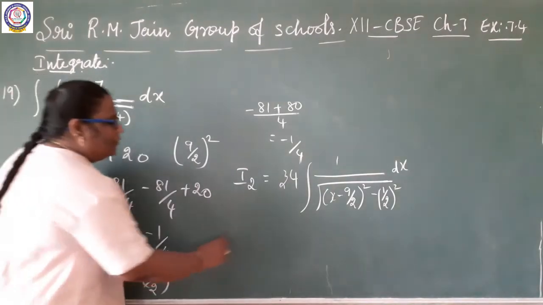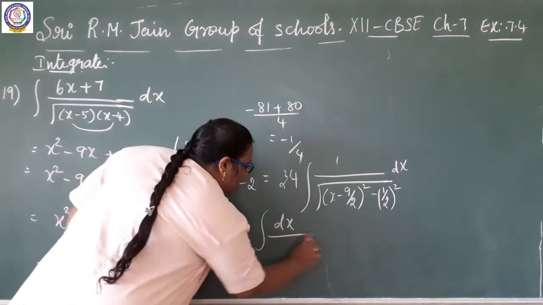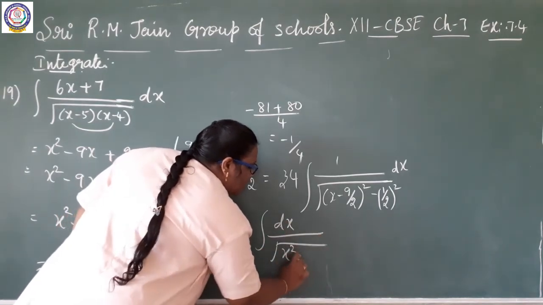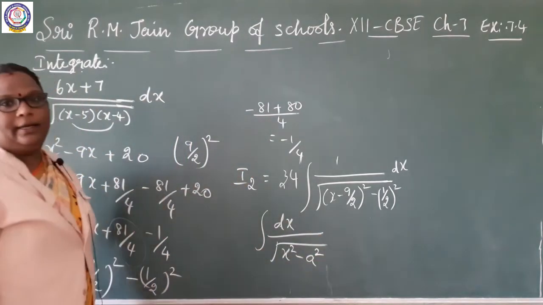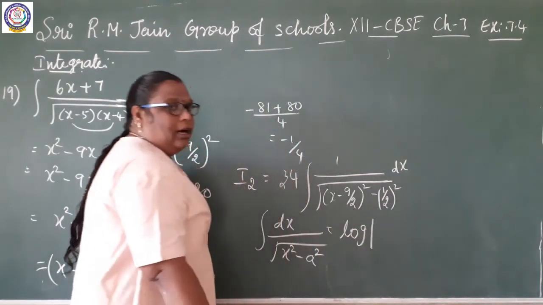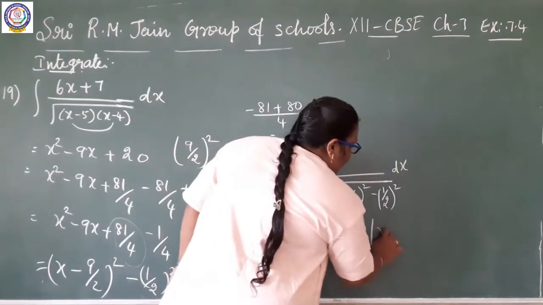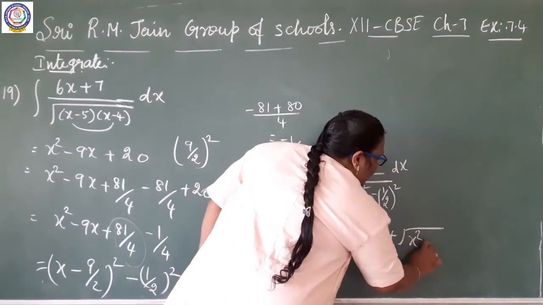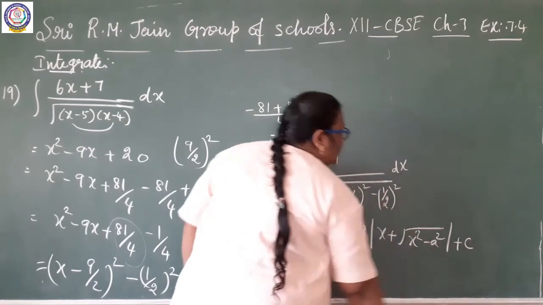See, what is the formula for the integral of dx by root of x square minus a square? It equals log of modulus of x plus root of x square minus a square plus c.